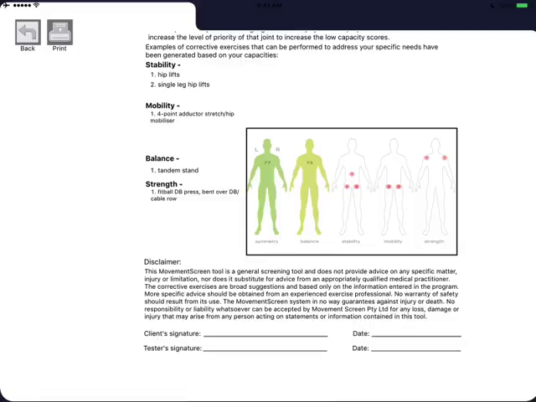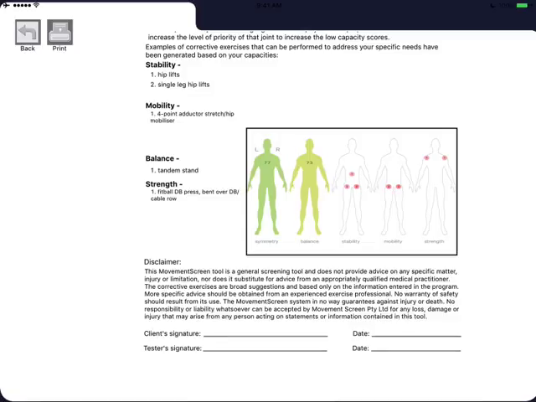Now, for you to be aware, we rank the exercises that we provide here. They're example exercises, but obviously they are selected by their capacity. So, for example, if we look at that top one, their stability, but then also by the joint complex that the client needs it for.